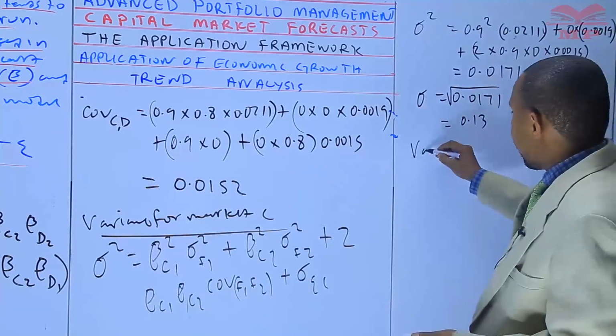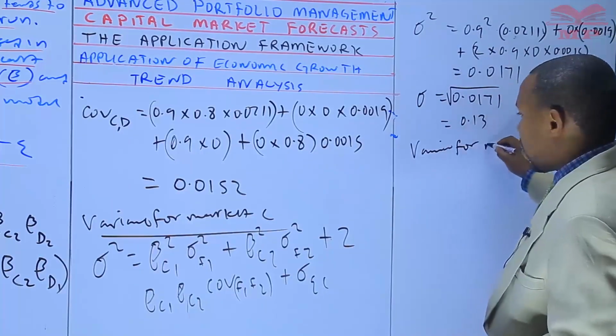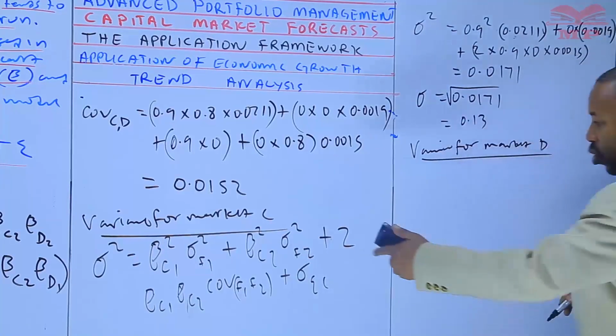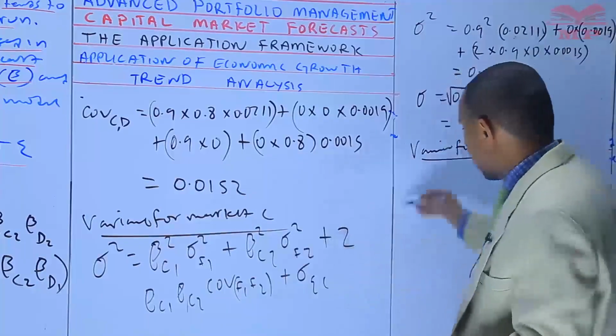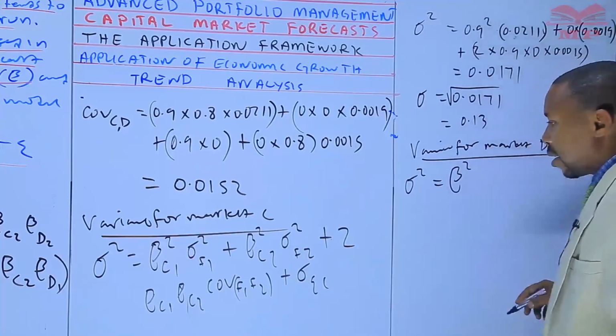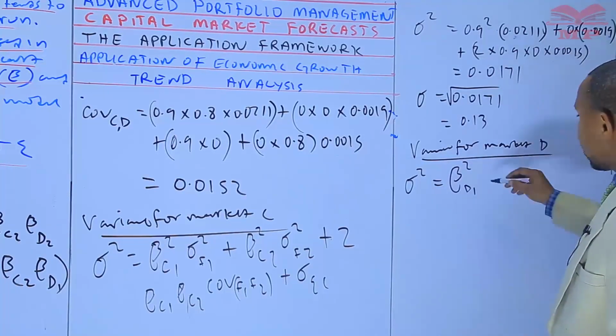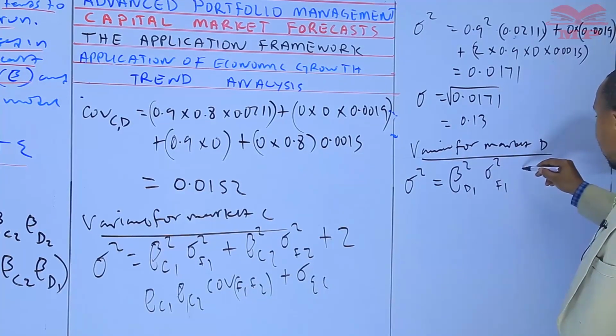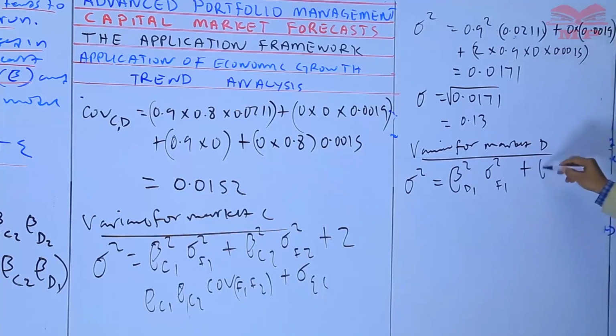How about the variance for market D? We use the same formula, but now indicating: standard deviation squared is given as beta squared of D1 times the variance of factor 1, then plus beta squared of D2 times the variance of factor 2.